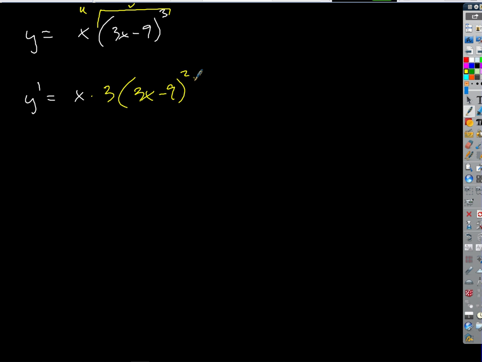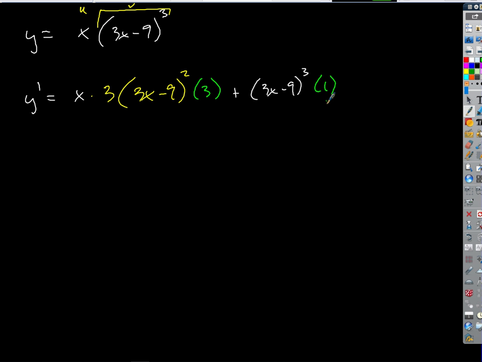By the chain rule, if I'm taking the derivative of something cubed, I've got 3 times that something squared times the derivative of what's inside, which is a 3. Plus v times du, which is just 1, right?